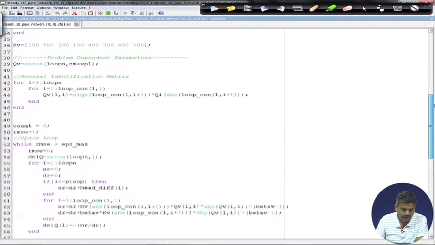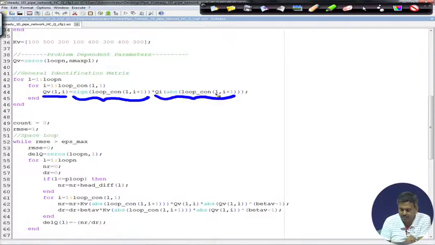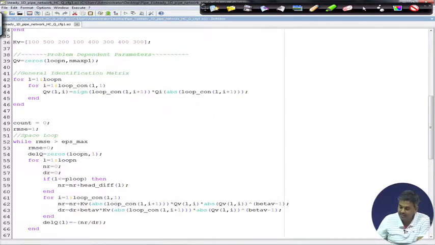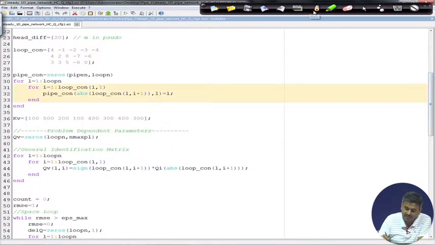Now, for general identification, we have this QV, and we need to transfer our initial values. If loop connectivity L, I plus 1, starting from the second column of the loop connectivity matrix, is positive, then Q should be positive for that loop. Otherwise, let us see our loop connectivity matrix.